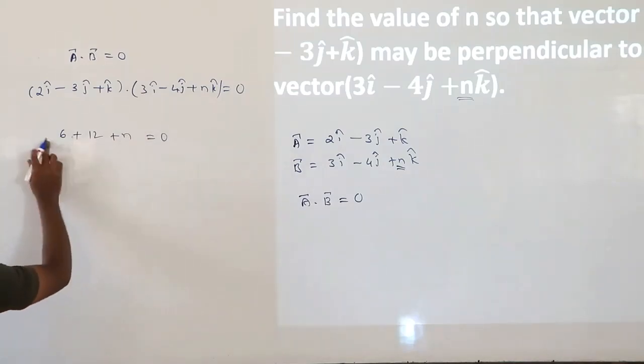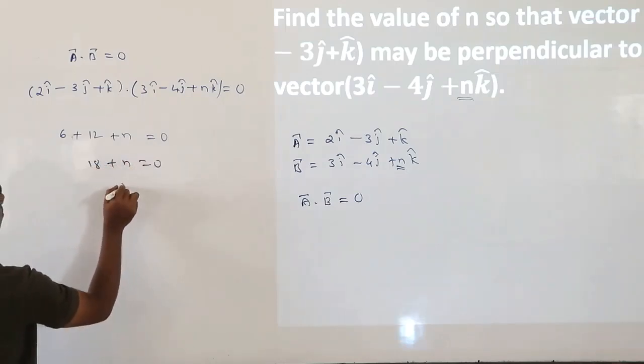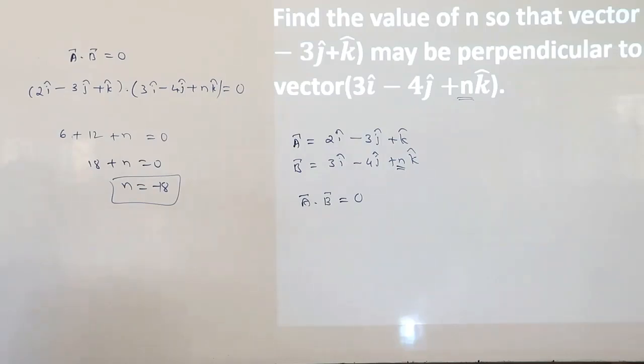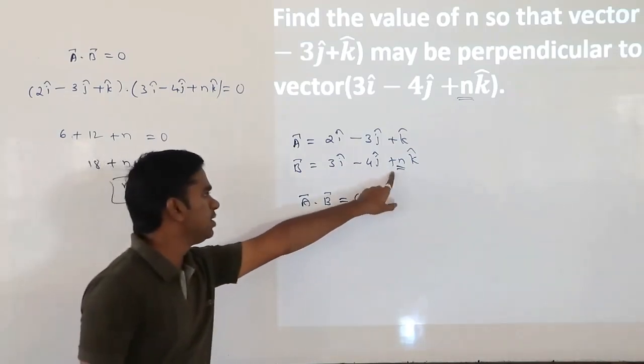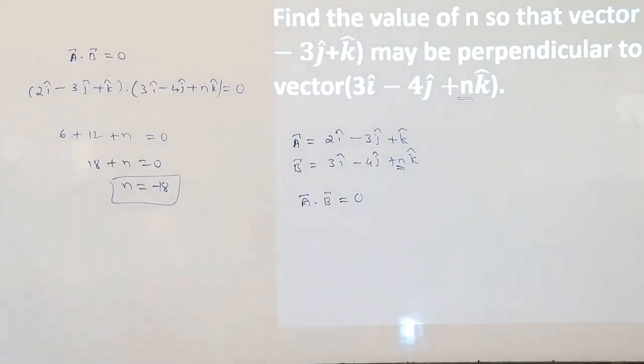So it will be 18 plus n equals 0. The value of n is minus 18. Now if you substitute the value of n as minus 18, vector B will become complete.